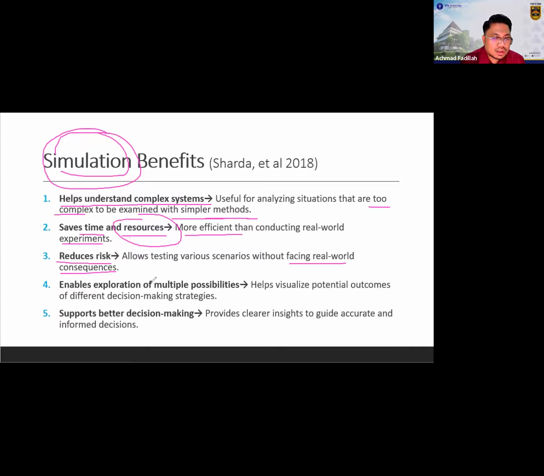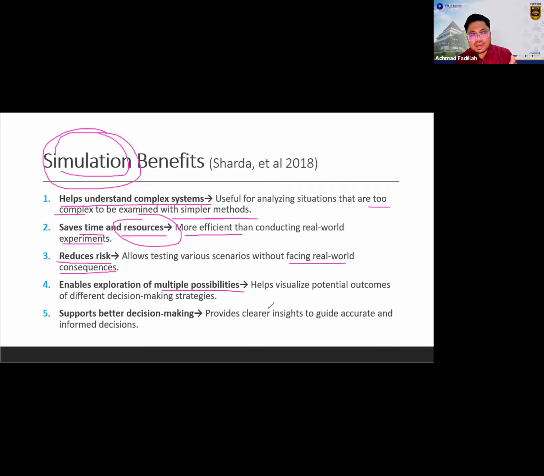And the fourth enables exploration of multiple possibilities. During the exercise later, I will give you an example of how this exploration can be implemented during the simulation, and we can see the multiple possibilities.